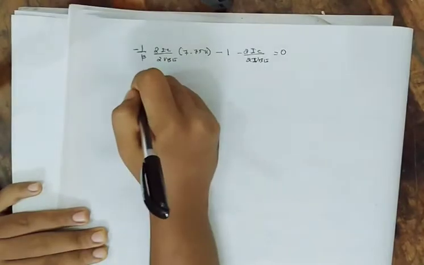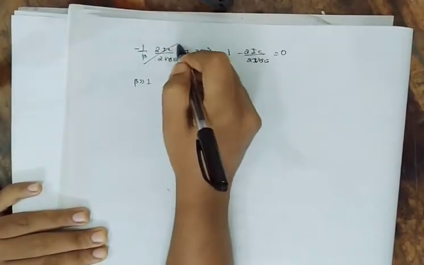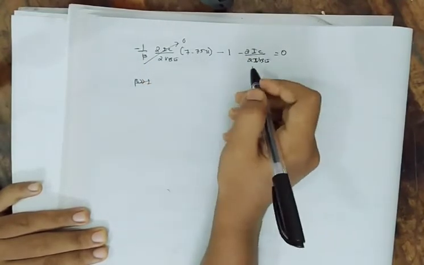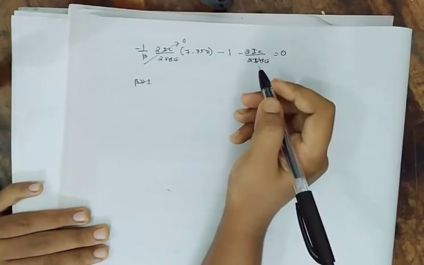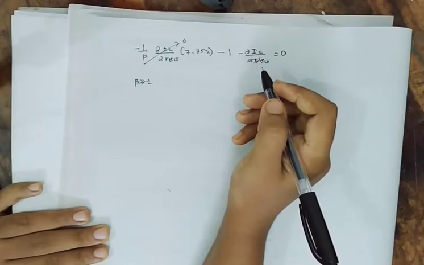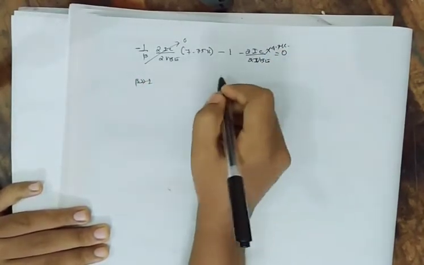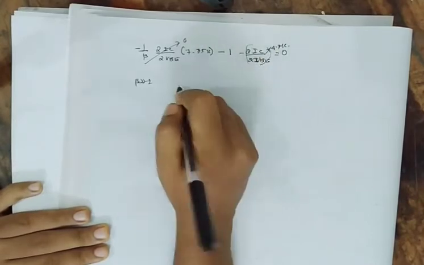Okay, beta is very large, so this one will be approximately 0. So what is left here is, okay, here also 4.7K is there. Okay, so this one is our S, right?